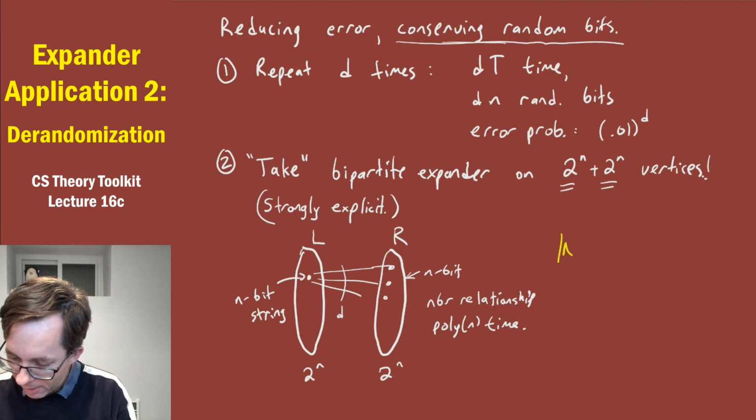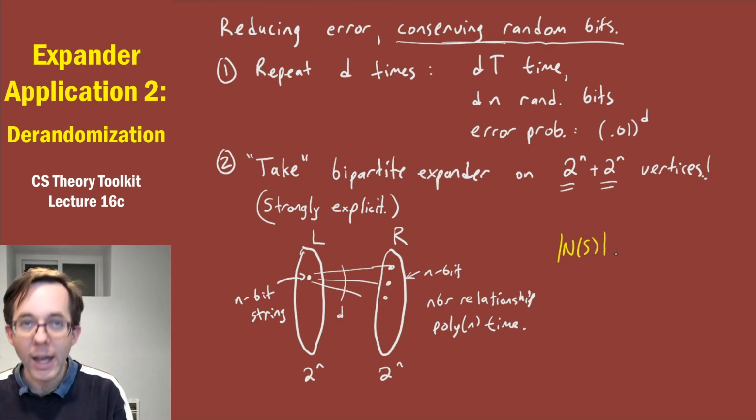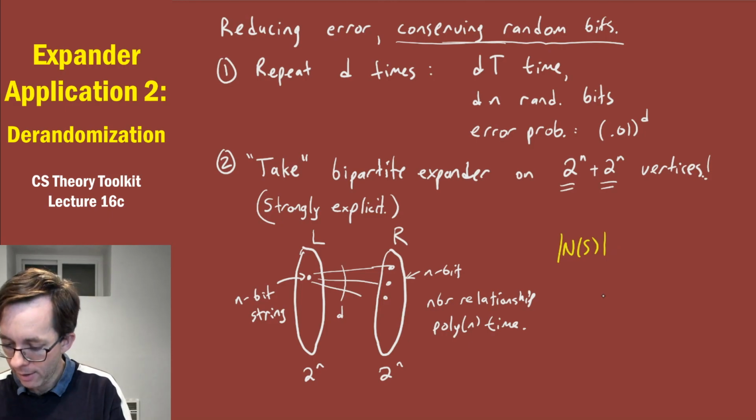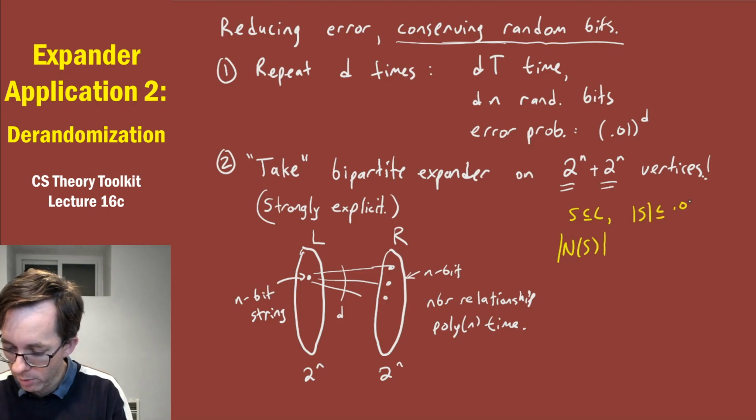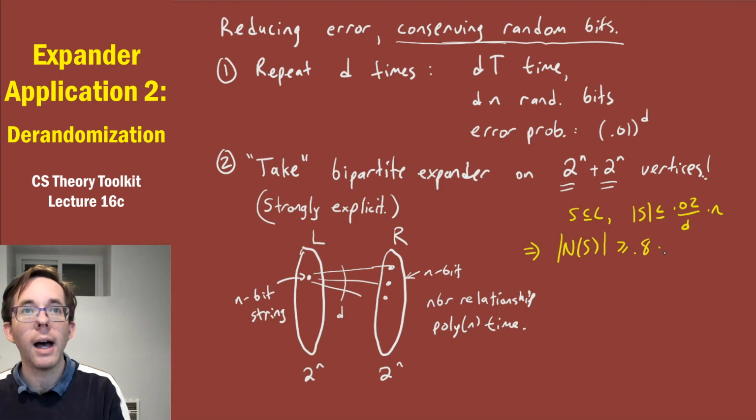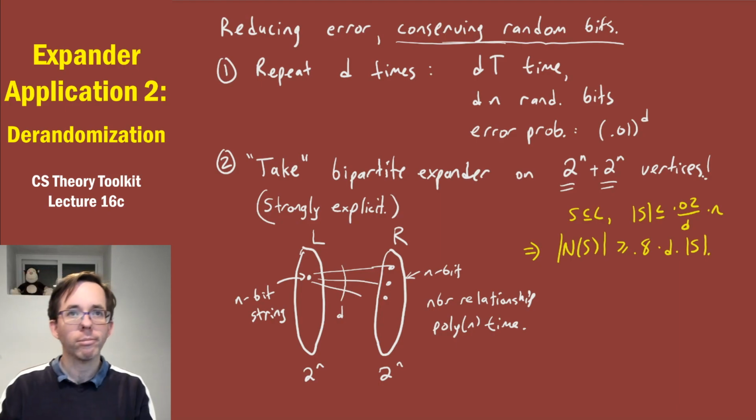It's that the neighborhood set of any subset S, so if S is a subset of L, and the size of S is at most 0.02 over D or over 64 times n, then the number of neighbors of S is at least 0.8 times D times the cardinality of S.